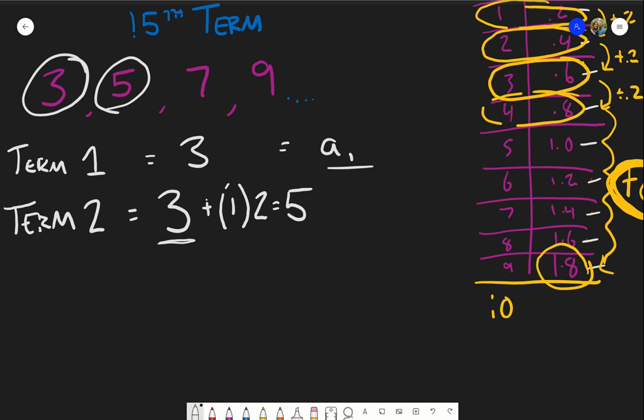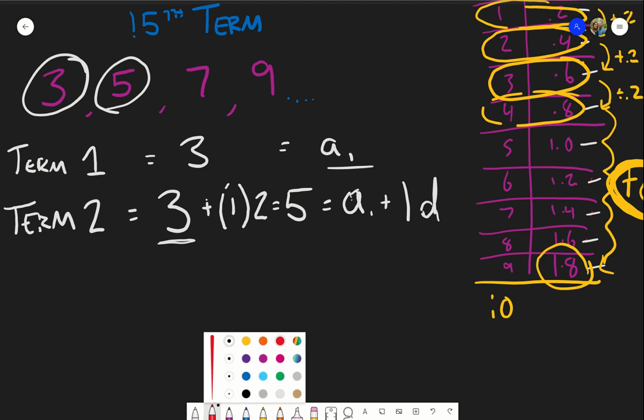If we were to write this out as algebra, we would say we took term 1, A1, and we added one common difference. Now you're going to keep following along, see if you can get the pattern we have going on here.